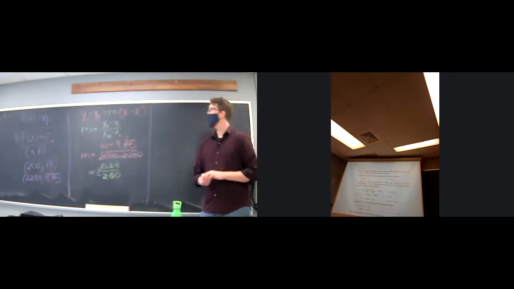This is going to come out to be 0.25 over negative 250, right? So we've got our m value now.